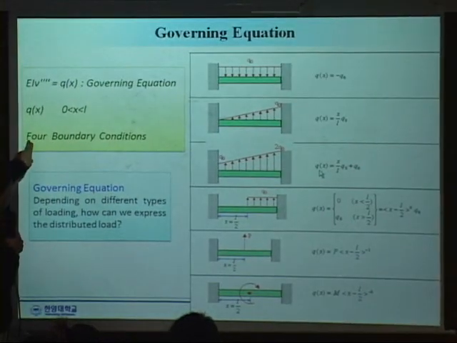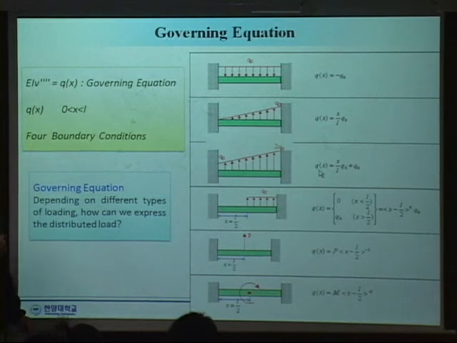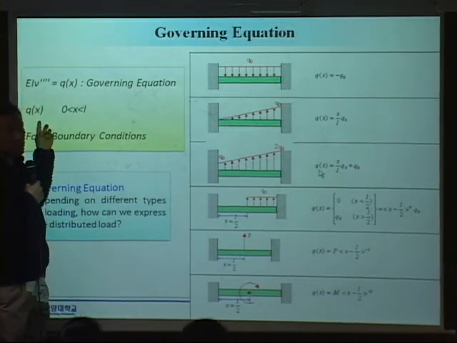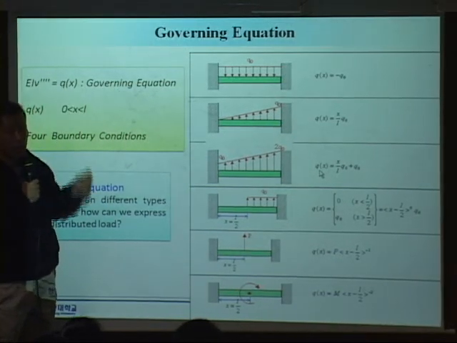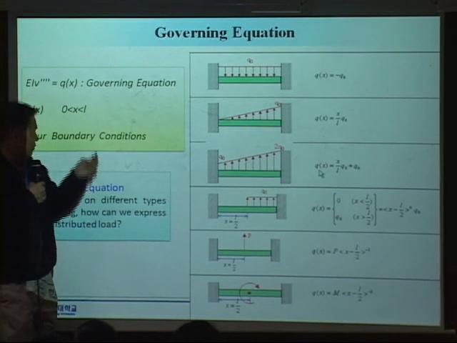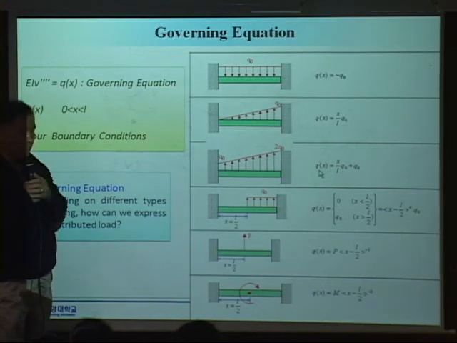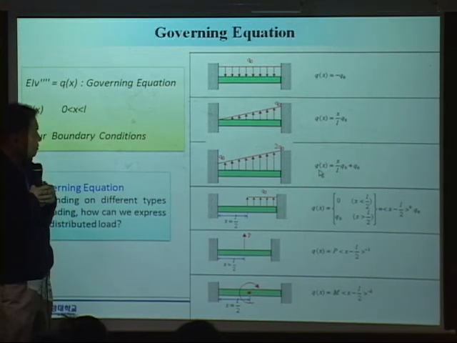Okay, so as he said, 4 boundary conditions are needed. And here is the governing equation, and Qx, first of all, is given as a function of x from 0 to L, and we need to have 4 boundary conditions.